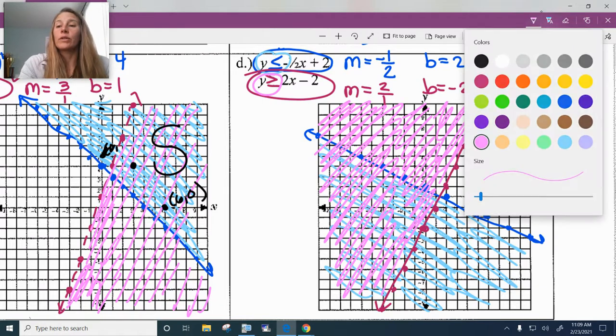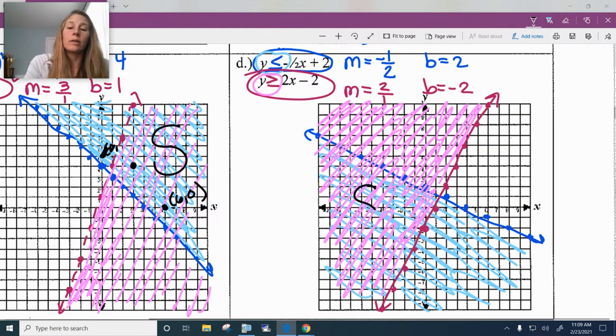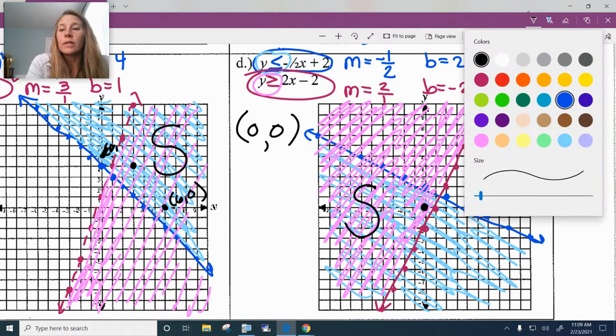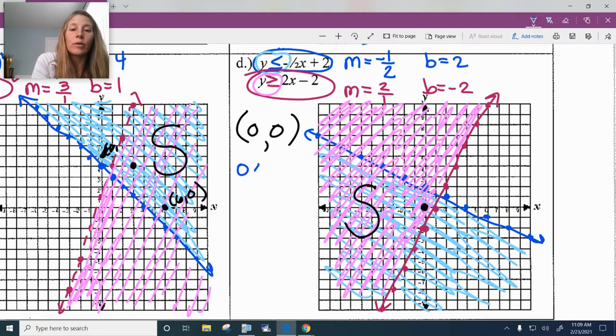And then we look for our solution area, which is the overlapped shaded area, and then pick a point and check it. So 0, 0 is actually in that section, so I'm definitely going to pick that. If I check it for my first inequality, I would have 0 is less than or equal to negative 1/2 times 0 plus 2.